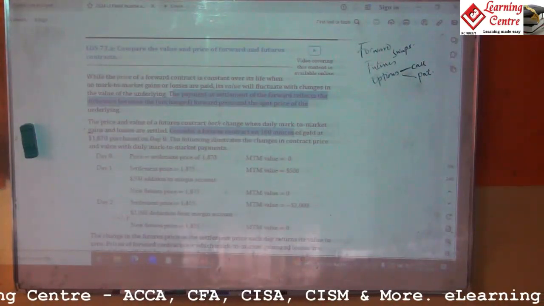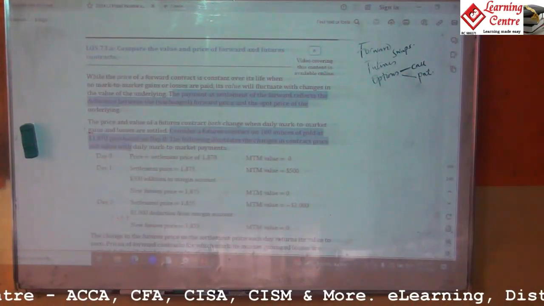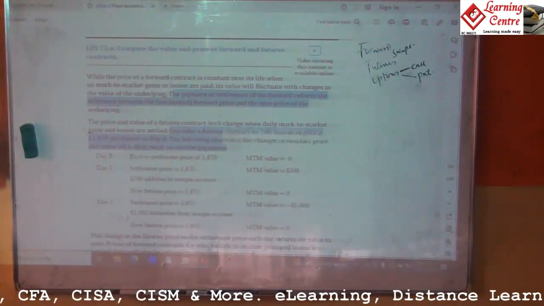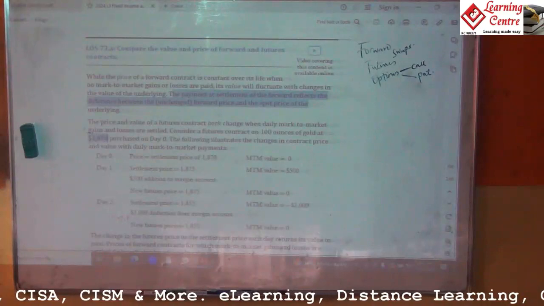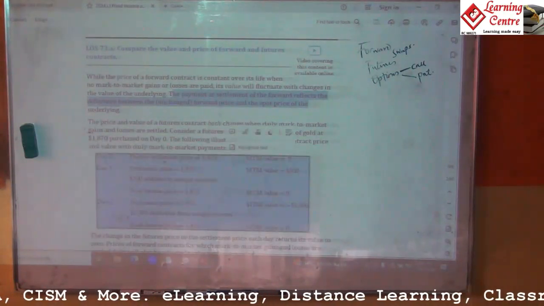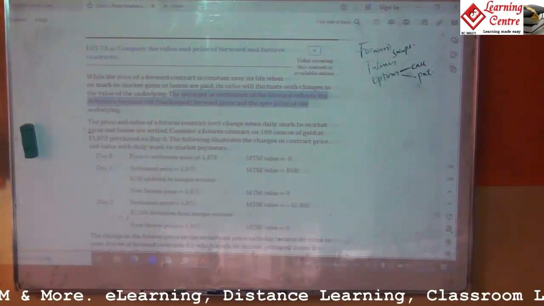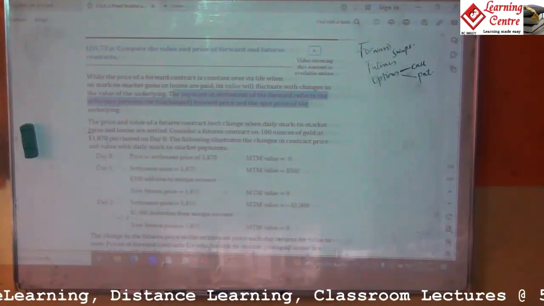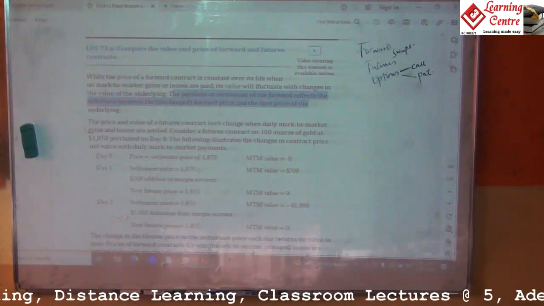The following illustrates the changes in contract price and value with daily mark-to-market. From day 0, the price is 1,870. At this point, the contract is just starting. But from day 1, the price has moved from 1,870 to 1,875.